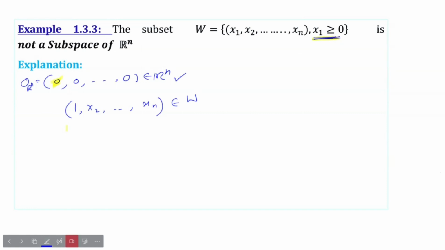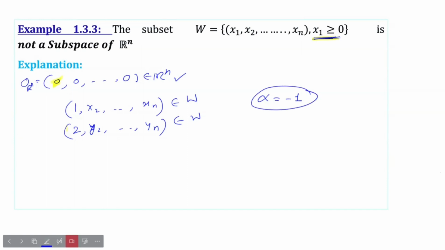We take x = (1, x2, x3, ..., xn), which belongs to W because the first entry is greater than or equal to 0, so we fix it as any number. Here we fix the first one as 1, and for the second vector, we fix the first entry as 2, and the other entries are y2, y3, up to yn, which belongs to W.